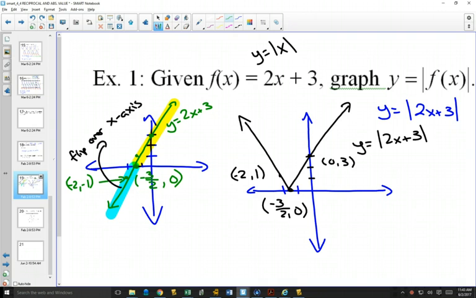So what would that 2 have done as far as transformations? It would have made it a horizontal compression by a half, right? Remember that if it's inside the function, even though it's a 2, you would multiply your x values by a half. And then what would the 3 do?